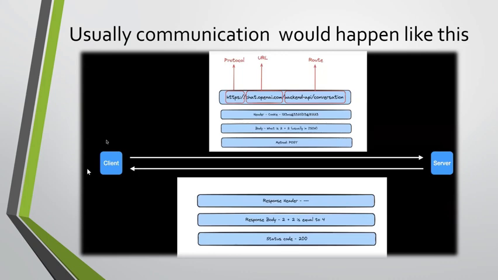Here you can see how the client is sending the request to the server and how the server is sending something back as a response. So what is the client sending? The client is sending all these four, and the server is sending a response with all these three rows. The client is sending the link, header, body, and the method, POST.